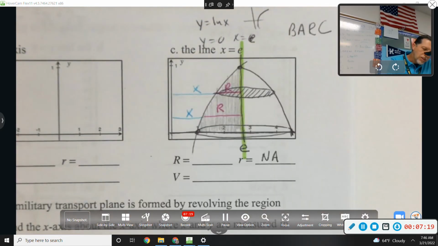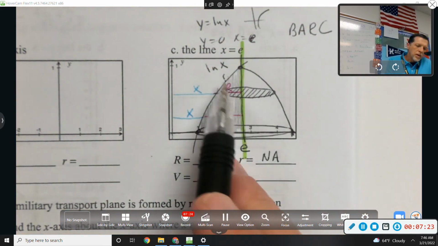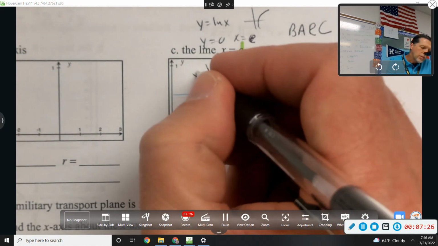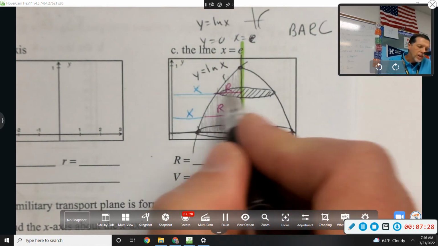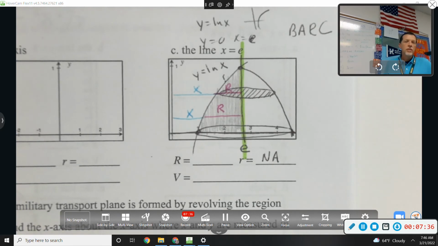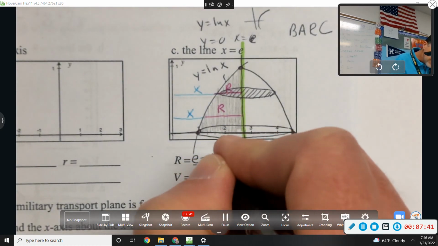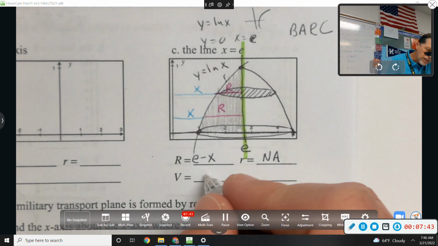Well, this curve is natural log of x, but that's a y height. I should maybe even say y equals. R is an x, not height really, an x distance. So e minus x. It's a good start.